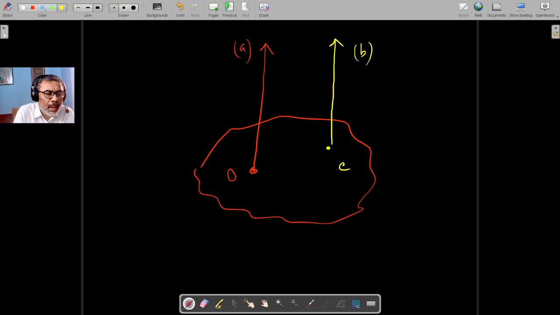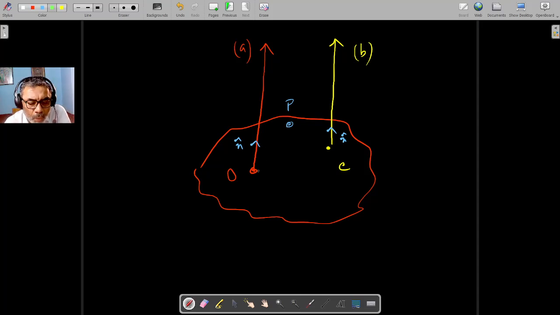Again, I take a small mass dm at point P, then draw the unit vectors. Unit vector n along the axis A, and axis B is parallel to axis A. So the unit vector along the axis B is again n.